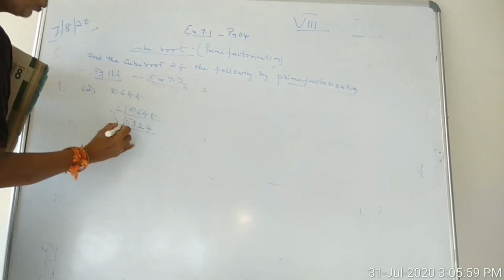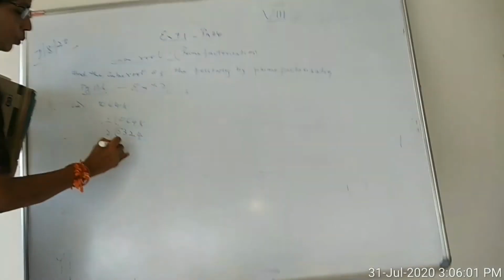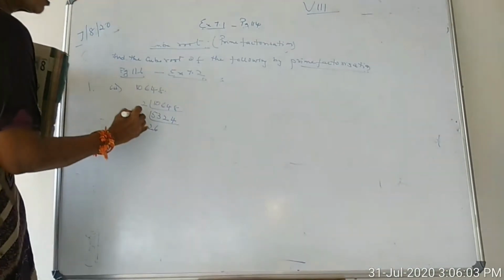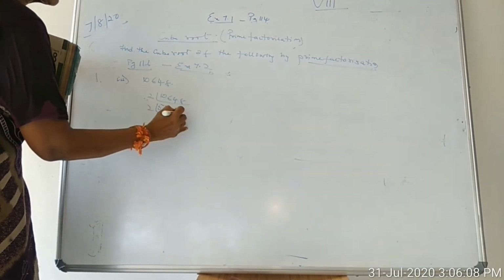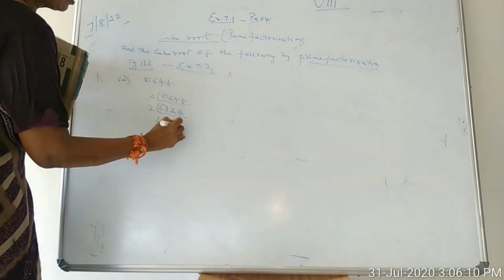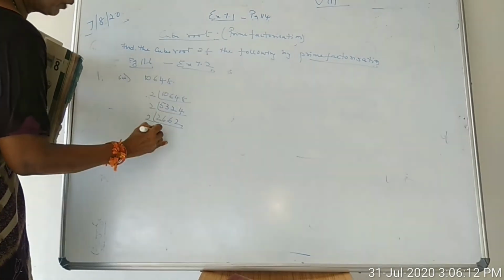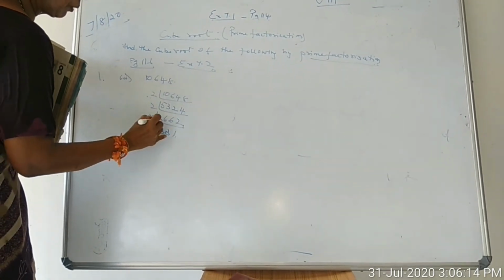The ending number is 4. 2 divides 5 2 times, remainder 1, 6 times. 2 divides 12 6 times. 2 divides 4 how many times? 2 times.